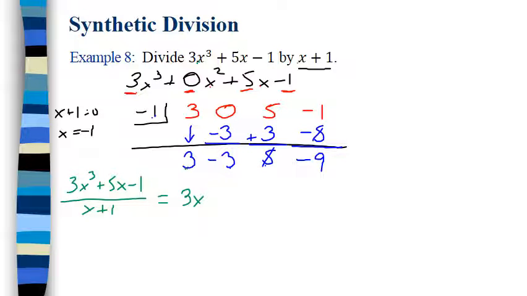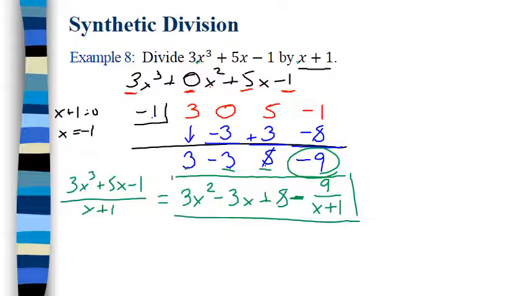So if I'm dividing out an x from x cubed, you have x squared left, minus 3x plus 8 minus, this is my remainder that I'm going to write over my divisor because that was not able to be divided up. So there's my quotient and my remainder as a fraction.